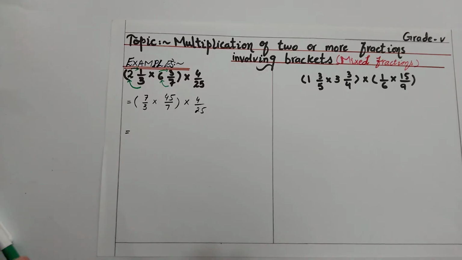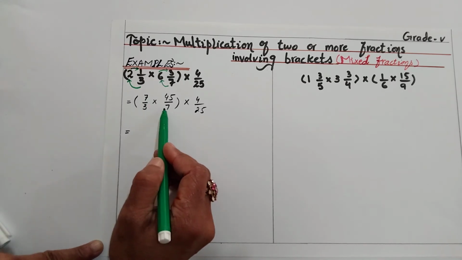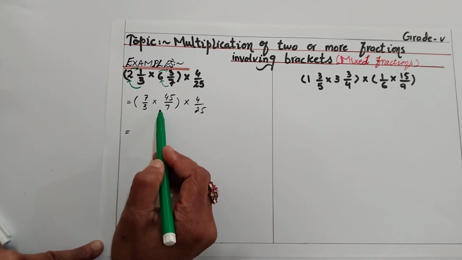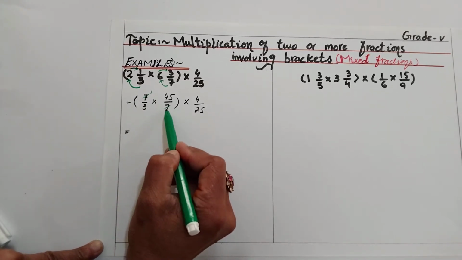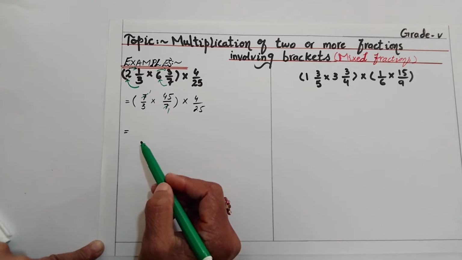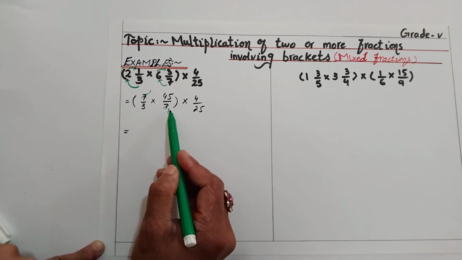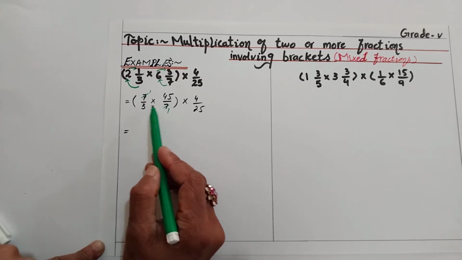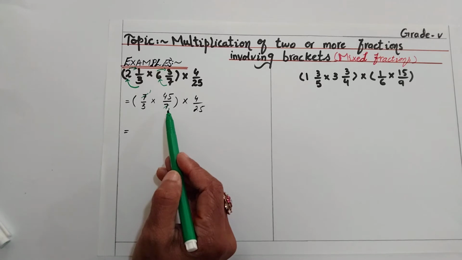Here as you can see we have the cancellation procedure, because 7 and 7 have the common factor of 7. 7 will cancel the 7. 7 ones are 7 and 7 ones are 7. So if you have any possibility of cancellation inside the bracket, then you can simplify the fractions inside the bracket before the removal of the brackets.